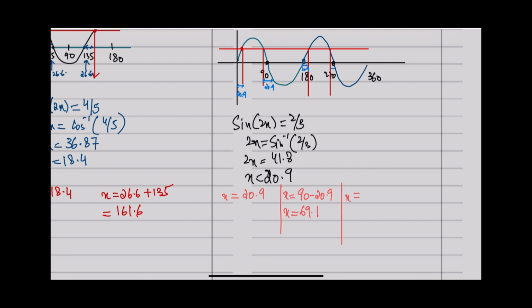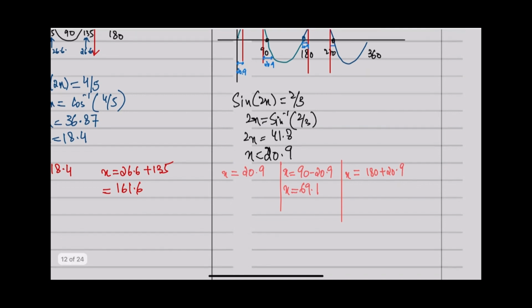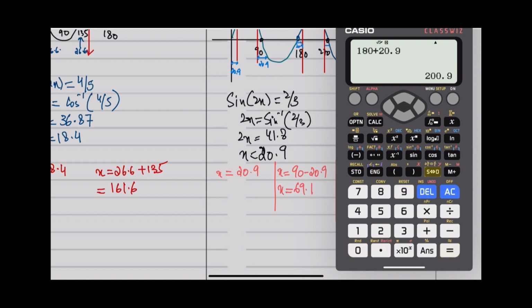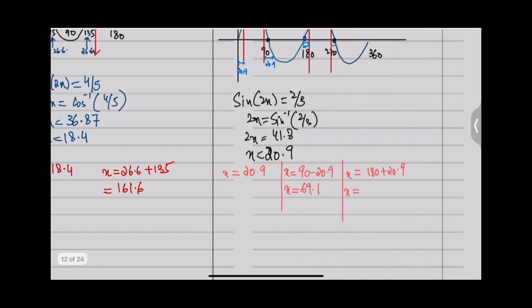x equals, now next one, as you could see, the third point of intersection is 20.9 ahead of 180. So I can say 180 plus 20.9, and x equals 200.9.